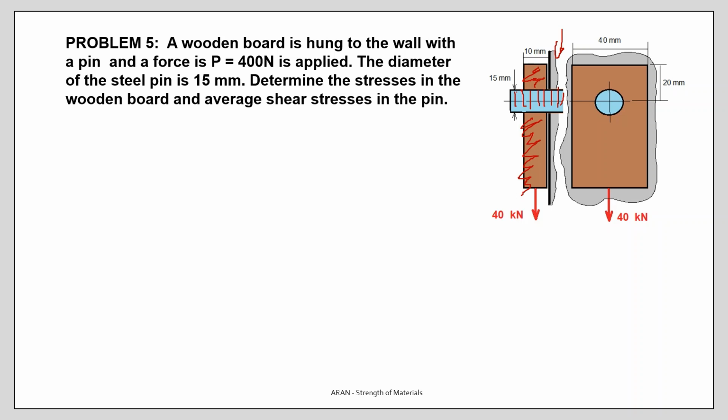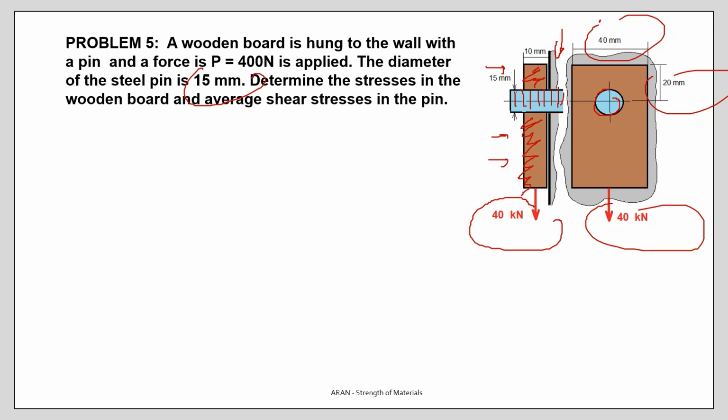On the board we have a hole, and we put this board and hang it on the wall and apply 40 kilonewtons on this board. The dimensions are given: the diameter of the pin, and the width and length and everything.